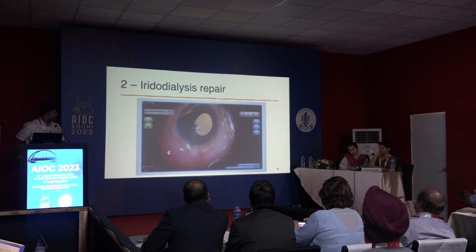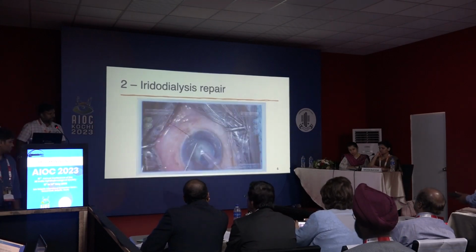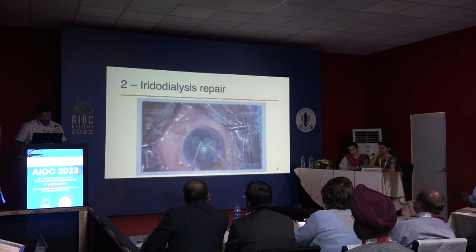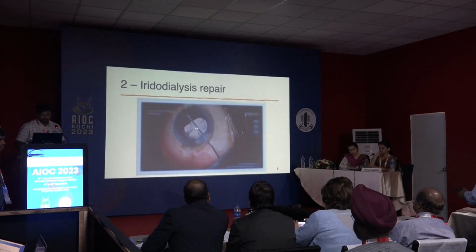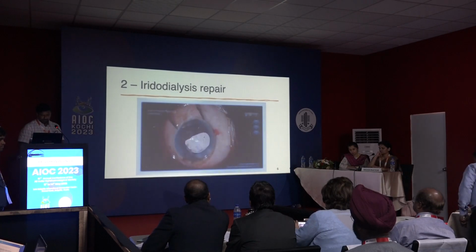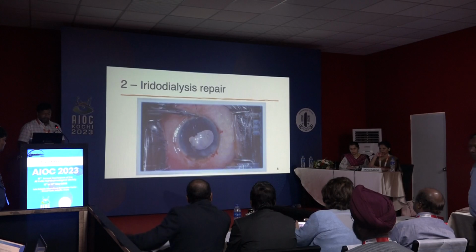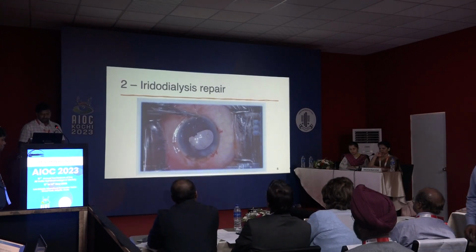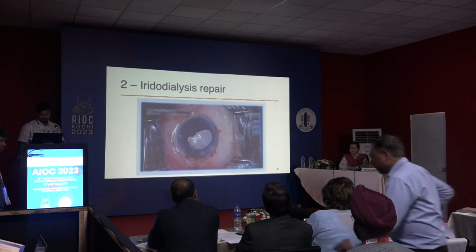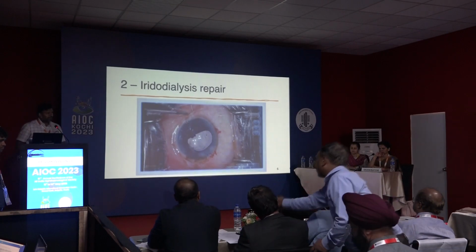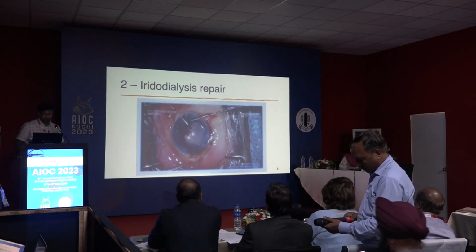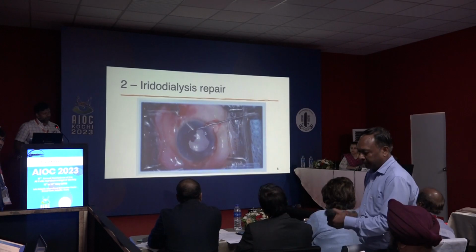The second indication where we use this is in iridodialysis repair. It's a similar case of traumatic cataract where phaco is done. The iris is anchored first using a hook, and then high molecular weight viscoelastic is used to flatten the iris. The iridodialysis position is identified, the points are marked, and then using a long spatulated needle attached to 7-0 Prolene suture, it is passed ab interno inside the eye through the peripheral iris.